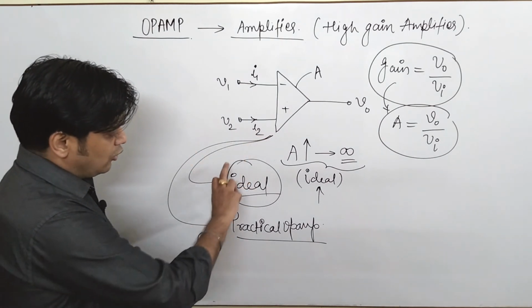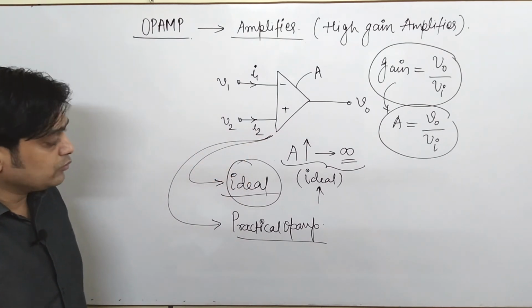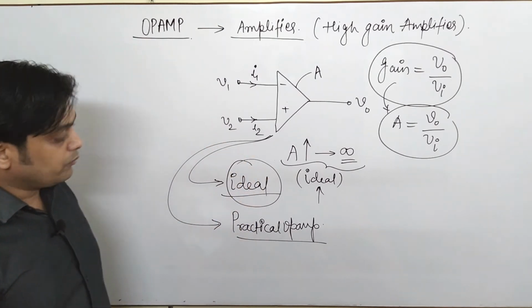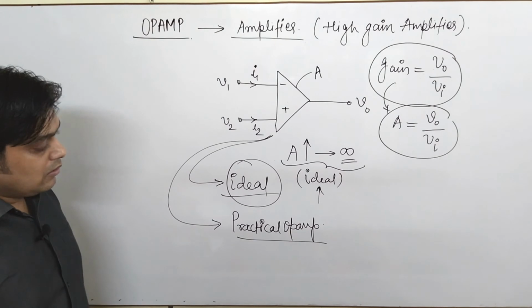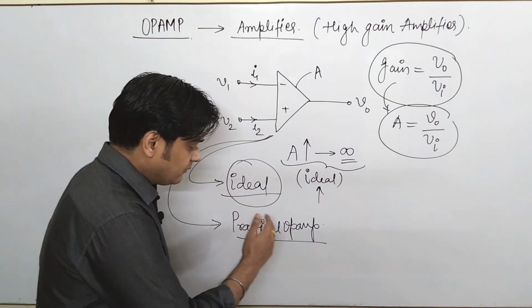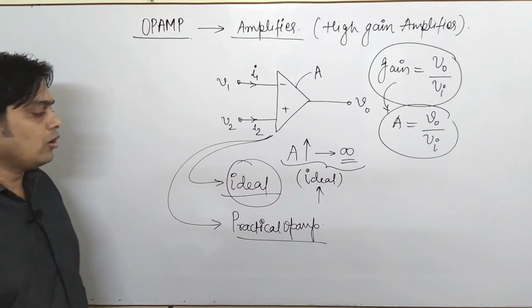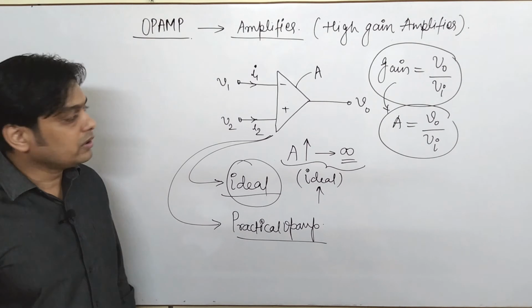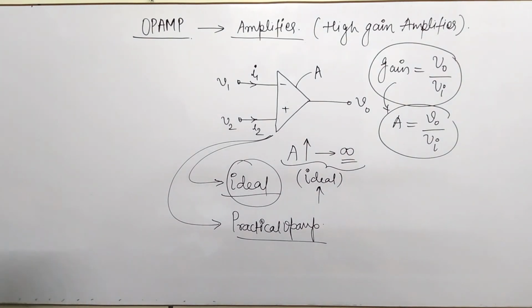So as I said, op-amps are classified into two parts: ideal op-amp and practical op-amp. Now we will see what you understand by an ideal operational amplifier and what the meaning of a practical, or non-ideal, operational amplifier is.